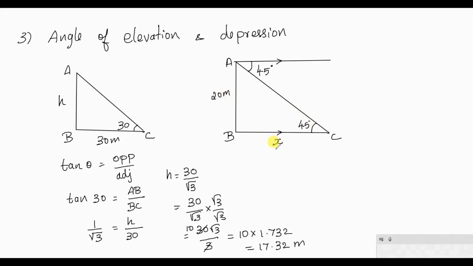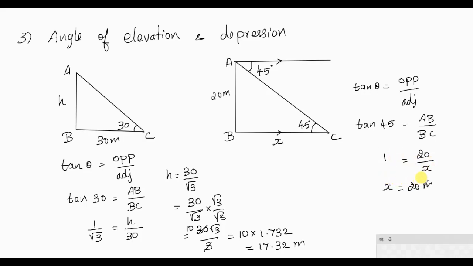Again we can go for tan theta. We know the formula, tan theta is equal to opposite by adjacent, and substitute the theta value. So tan 45 will be equal to, opposite side is AB and adjacent side is BC. We know the value for tan 45, which is 1. Opposite side is 20 by x. So when we cross multiply, we will get x is equal to 20 meter.